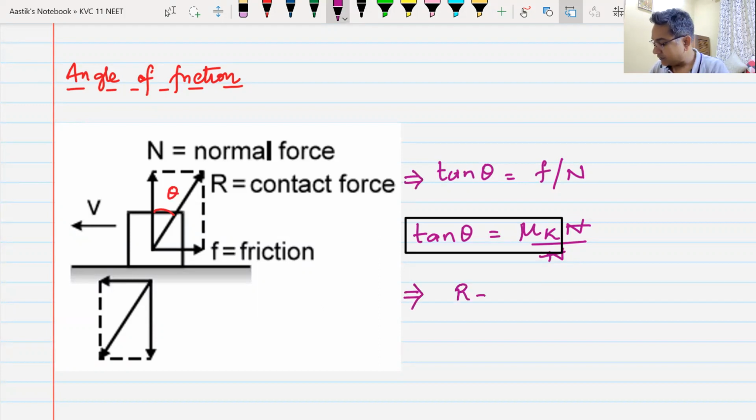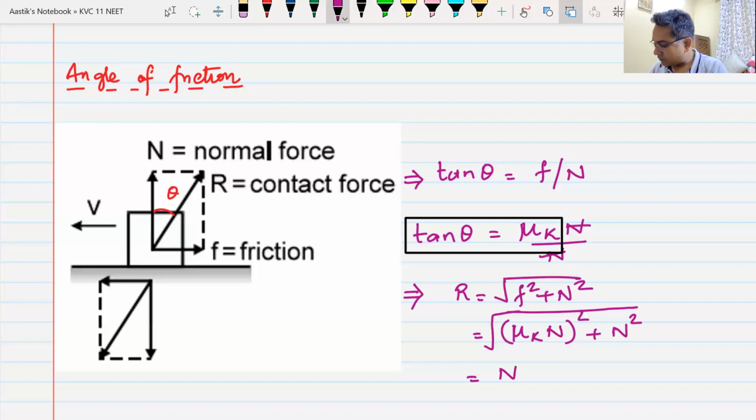The next thing is the value of R. The reaction force was root of F square plus N square. You can write F as mu k into N, whole square, plus N square, and you have to take the root of this.